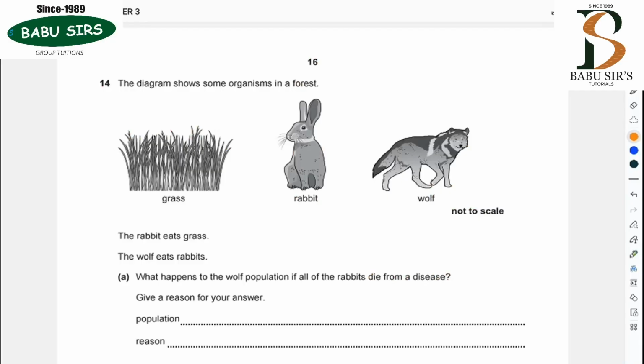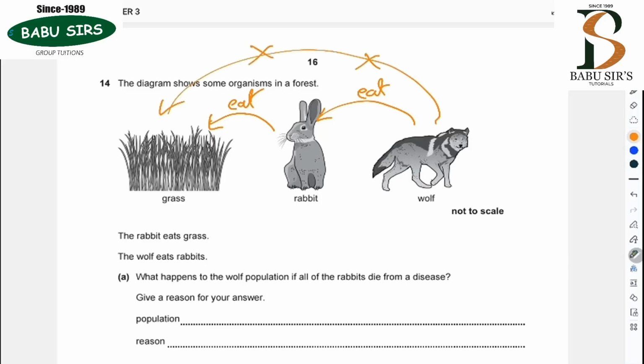Question number 14, the diagram shows some organisms in the forest. Now the rabbit will eat grass and the wolf, being non-veg, will eat the rabbit. Now the wolf will not eat the grass. So the wolf will require only rabbit.